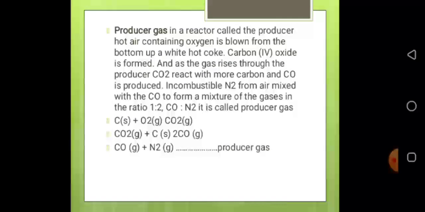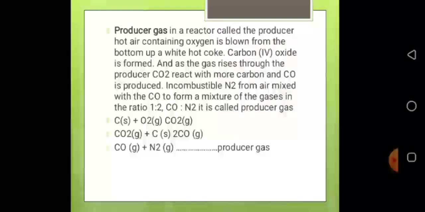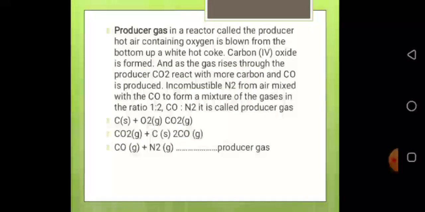In the production of carbon monoxide, incombustible nitrogen from air mixes with carbon monoxide to form a mixture of gases in the ratio 1:2.